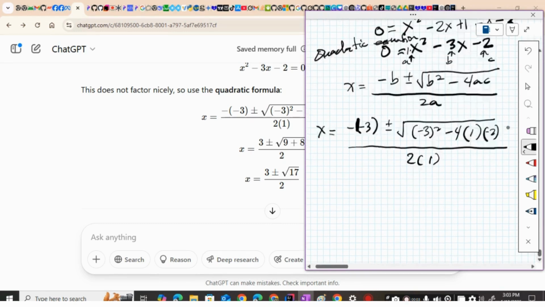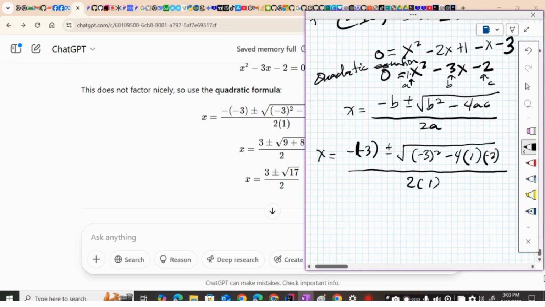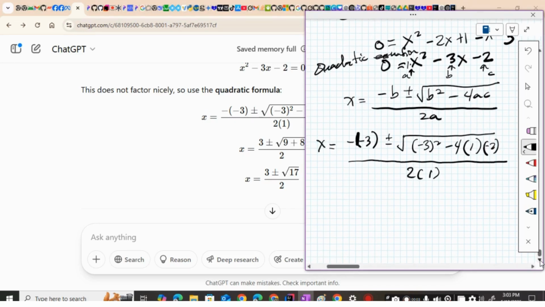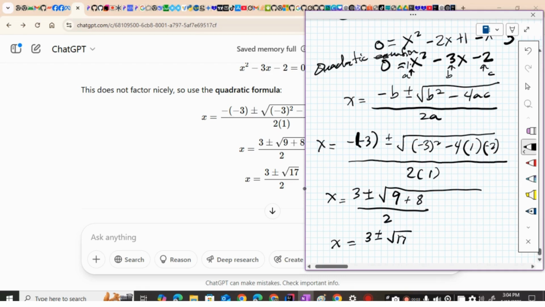And we scroll down to have more space. So here, this is just positive 3 plus or minus the square root of 9 minus 4 multiplied by minus 2, which will give you positive 8, divided by 2 multiplied by 1, which is 2. So your x is 3 plus or minus the square root of 17, over 2.